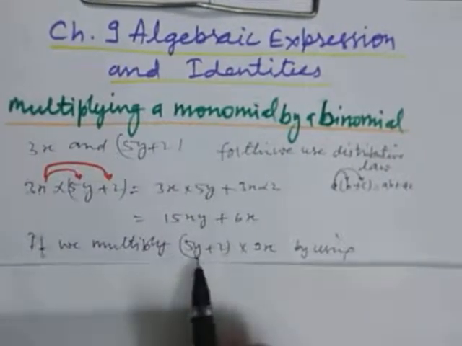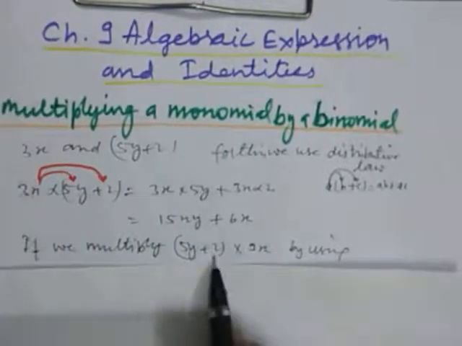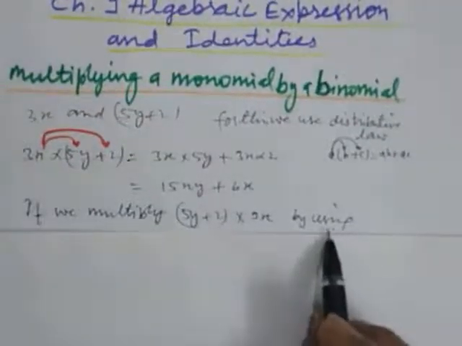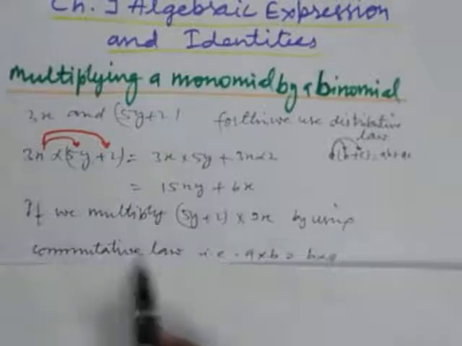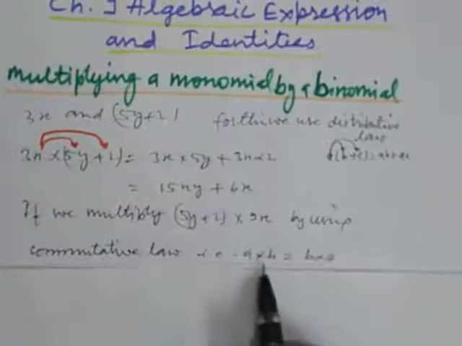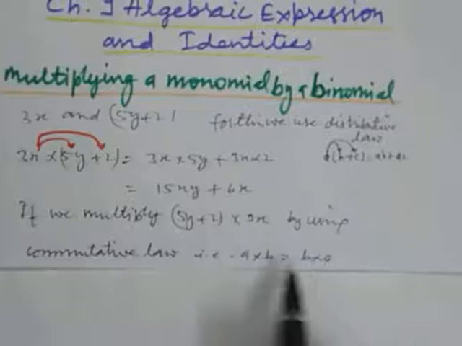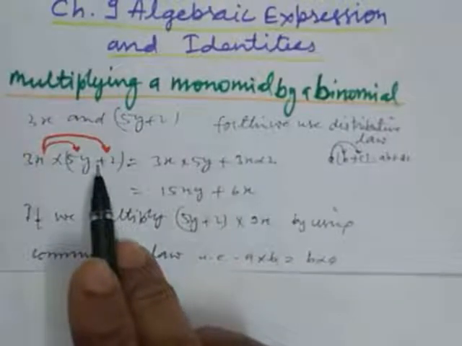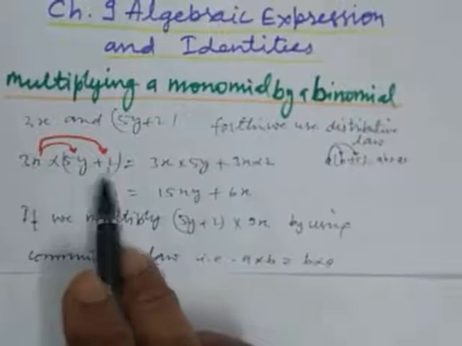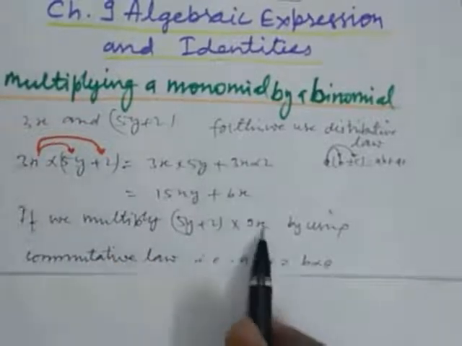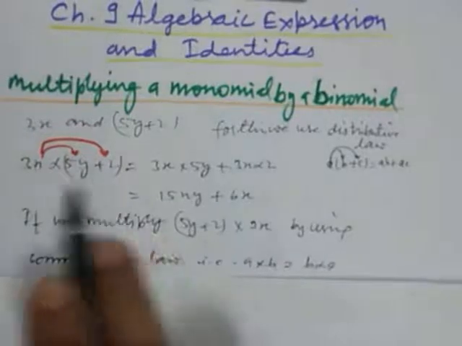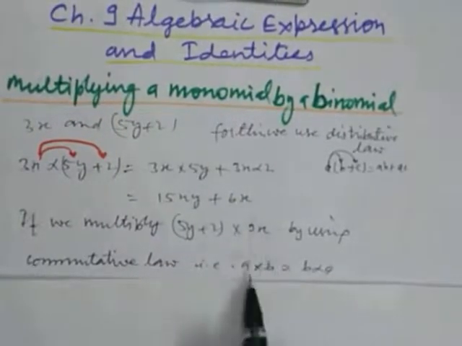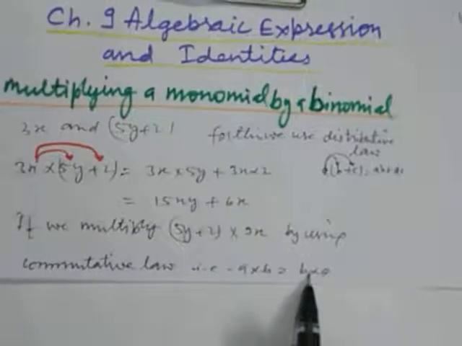If we multiply 5y plus 2 into 3x, by using the commutative law, that is a into b equals b into a. Here the binomial comes first and here the 3x comes first. So this is like that. Here we change the order. So this is the law of commutativity.